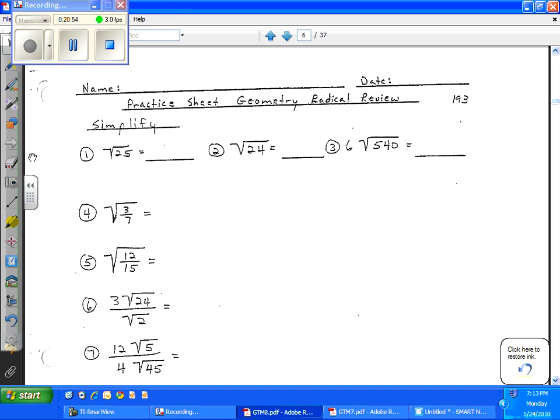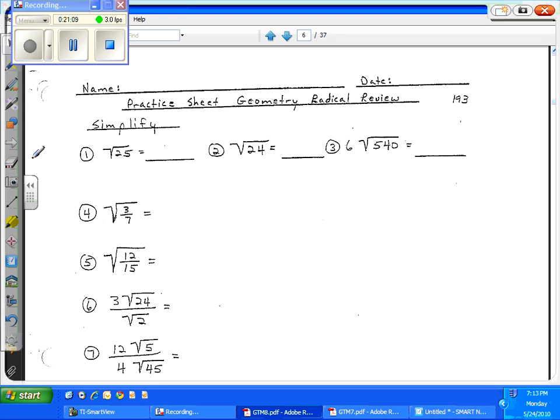This is a practice sheet for geometry radical review. Now, I have to test and retest this several times sometimes, and it's because it just takes a little bit of practice and digging and thinking and studying to get this down. So we're going to go through this together. Square root 25 means what times itself equals 25?